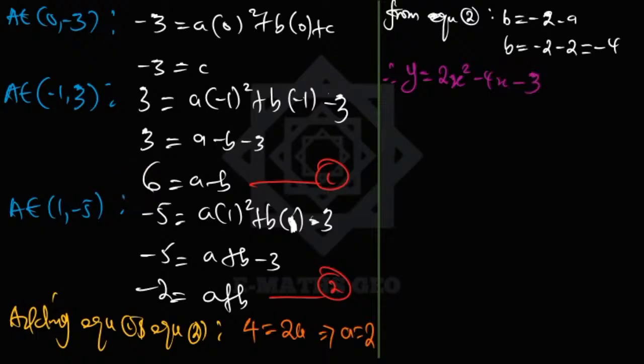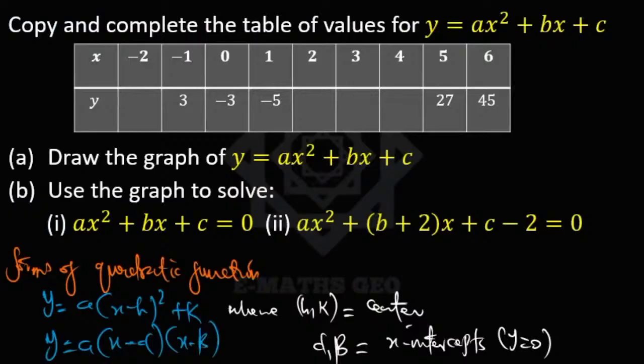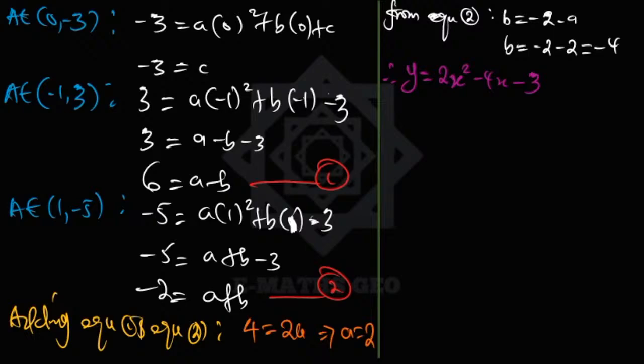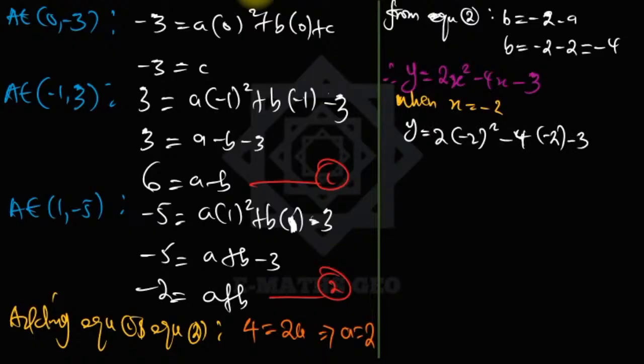So let's now fill up the table. We'll start with the first one, when x is minus 2, so we substitute. y is equal to 2 times minus 2 squared minus 4 times minus 2 minus 3.